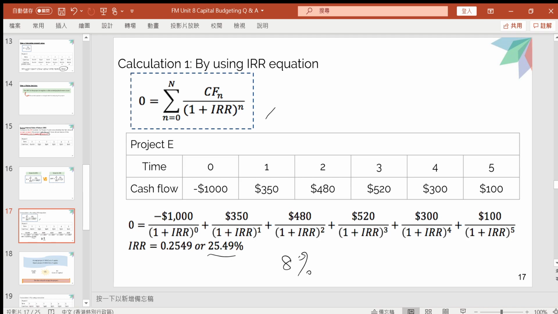Because of that, this is larger than the cost of capital, right?